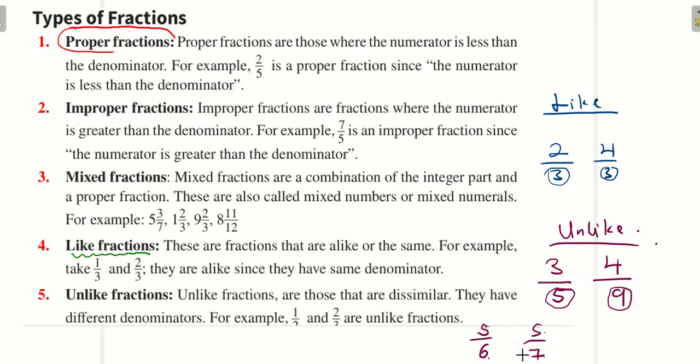And for that matter, these two fractions are unlike fractions. Take your time and write two pairs of fractions that are unlike. The tip is to ensure that their denominators are not the same.